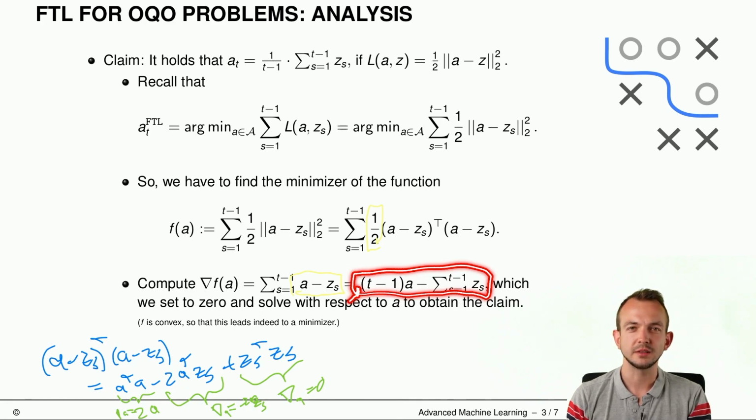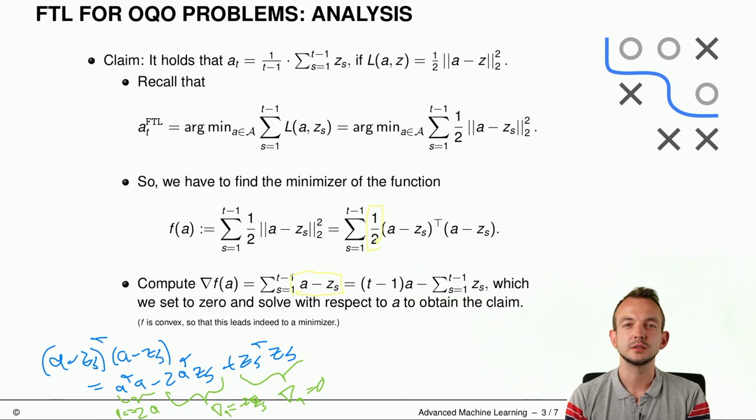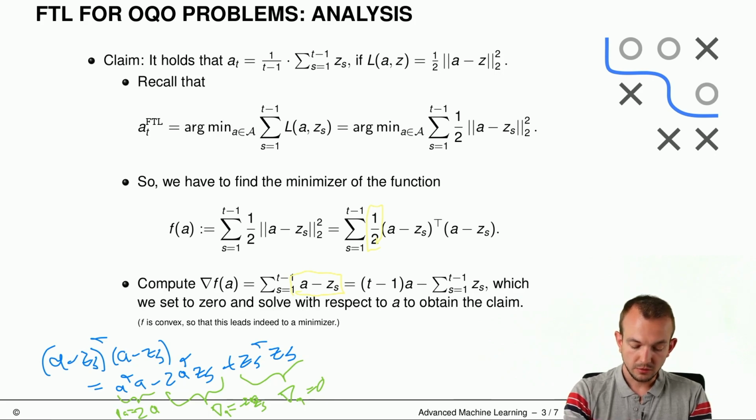So we have that the term in the sum, this one here, the a, is not depending on the s, so we are essentially t minus 1 times summing up the a, and the remaining part remains as it is. It's minus the sum over the environmental data points. And now we set this here to 0.